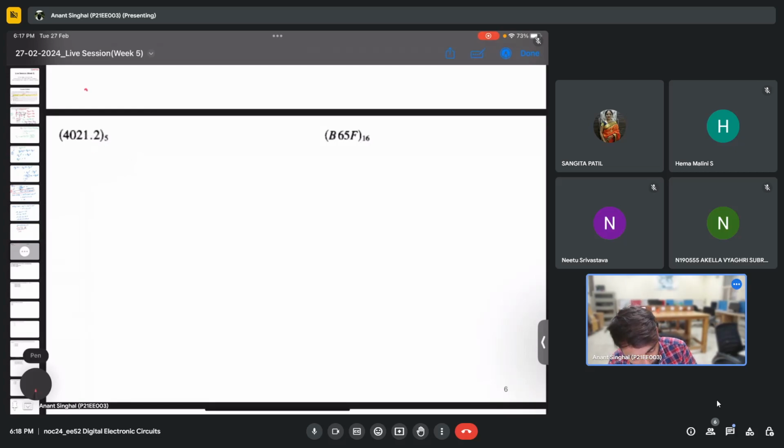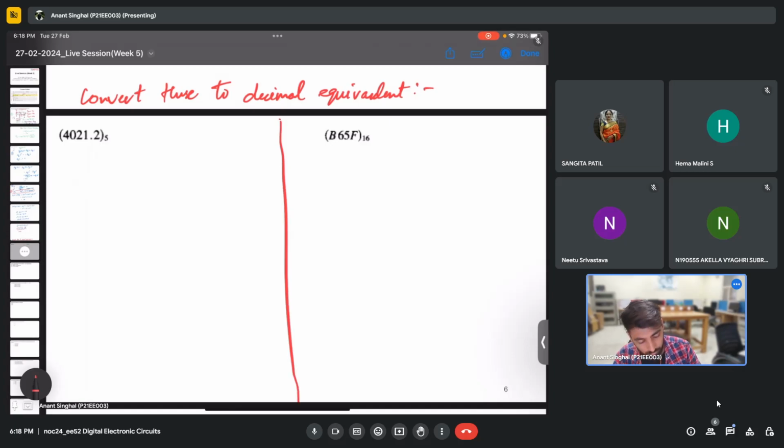The question is, convert these to their decimal equivalents. Again, I have already told in the previous question how to do this basic thing. So let me know the answer quickly for both of the questions. You can wait for hexadecimal if you don't know the concept, but try to do this.